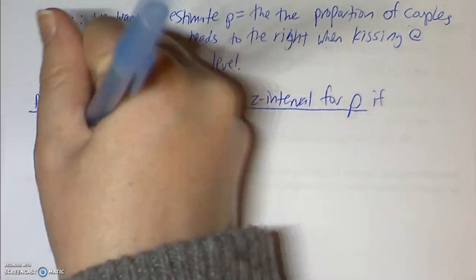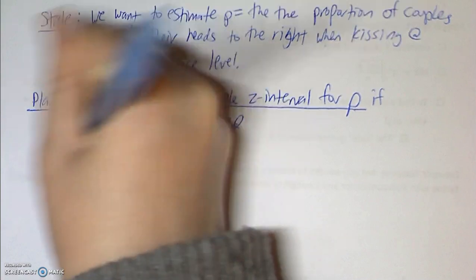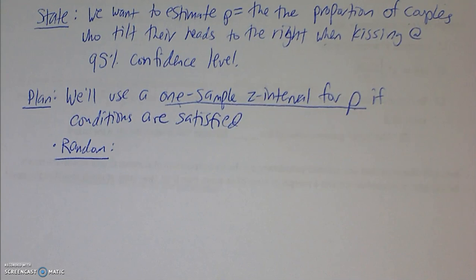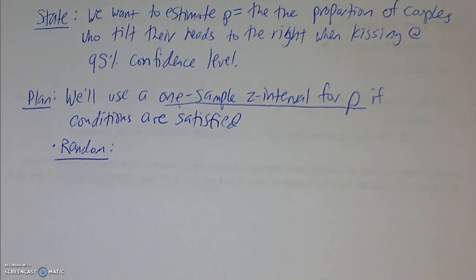So the first one, random. We either need to have a randomized experiment, right, random assignment, or we need to have a simple random sample. So it said that the researcher observed a random sample, so that takes care of the random condition.